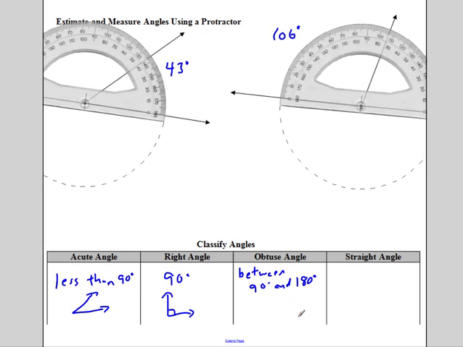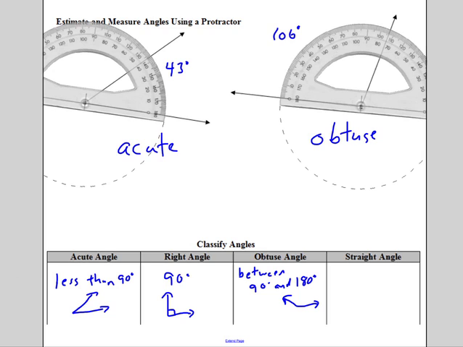So it's going this way, it's got to be more. Something like this. It's something between 90 and 180. So if I look at this first angle up here, it was a cute angle, so cute. And this one over here was more than 90. It's 106, so I can tell it's obtuse. You can measure it and tell, or just know it's somewhere in between.